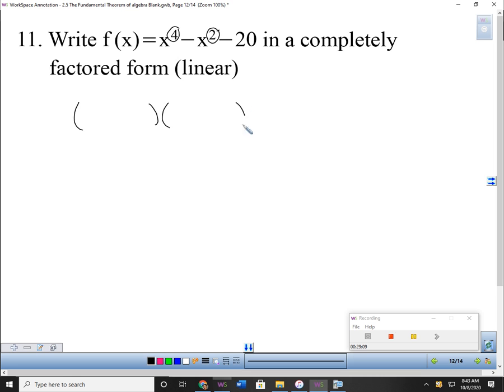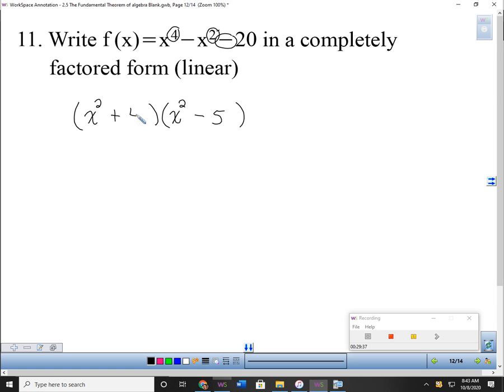So the rules still stay the same. I have a minus in the back, so I have a plus and a minus. And then I have x squared, because that would give me x to the fourth, right? And then what multiplies to make 20 and subtracts to make 1, that would be 5 and 4, and I want the middle term to be negative, so I put the 5 here and the 4 here.